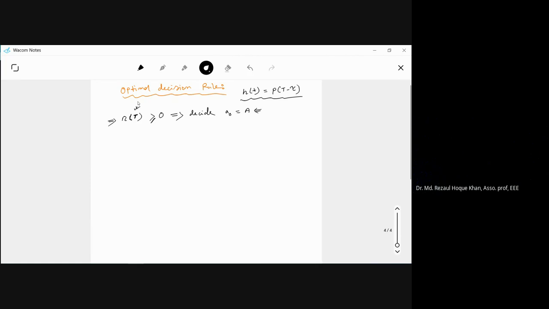We have only two digits, right? Plus a corresponds to 0, and minus a corresponds to 1 in our case. Which is also equal to Eb, energy per bit. So this is for bit 0.